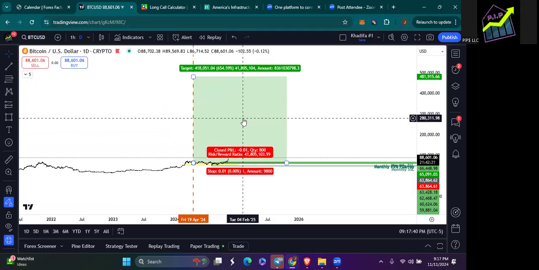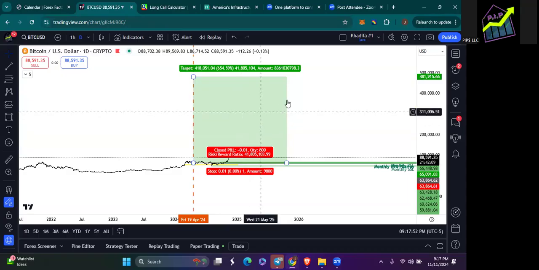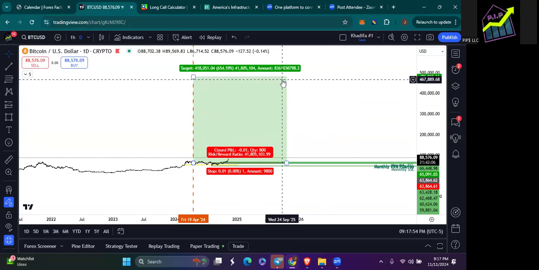You see it in parentheses. And we did 655% last halving.